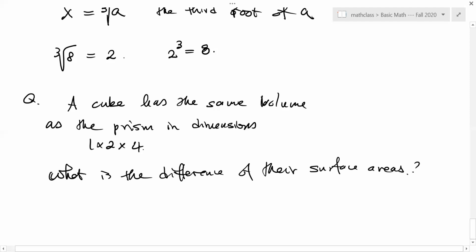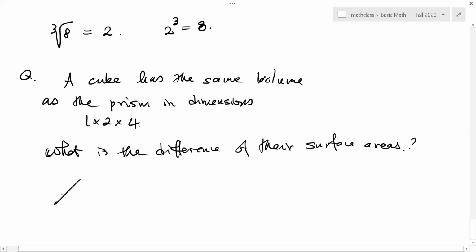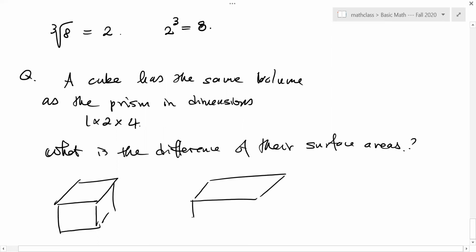So here's a cube. I don't know the exact size of the cube. And this is a rectangular box, 1 times 2 times 4.